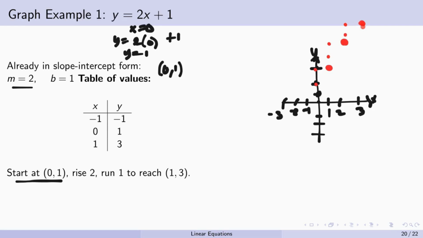Same thing with this. We can also do that in the other direction: fall 2, and then go back 1. Fall 2, go back 1.